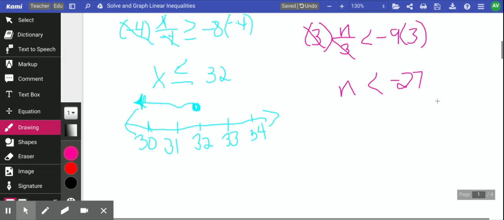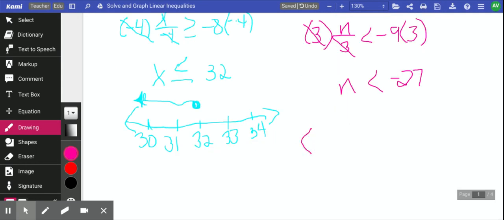All right, now let's graph it. So I have negative 27 here in the middle. Now, just as a reminder, like how negative numbers work. If I go to the right, the numbers need to get larger and closer to 0. So this should be negative 26. This is negative 25. Okay.